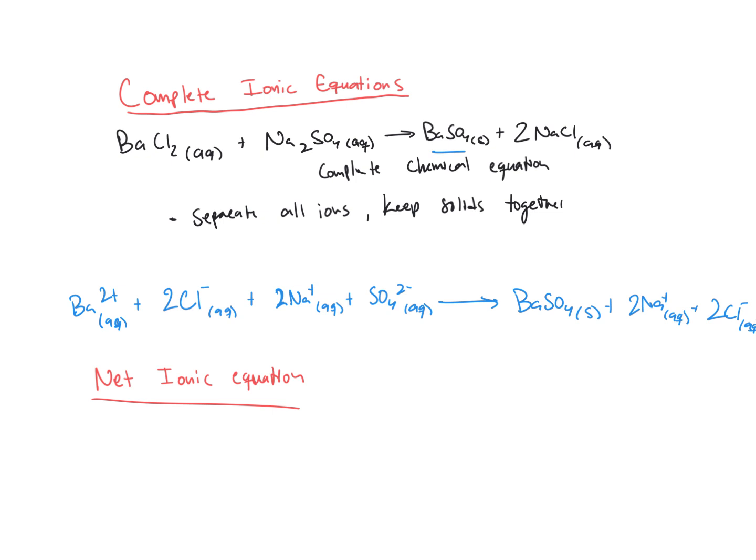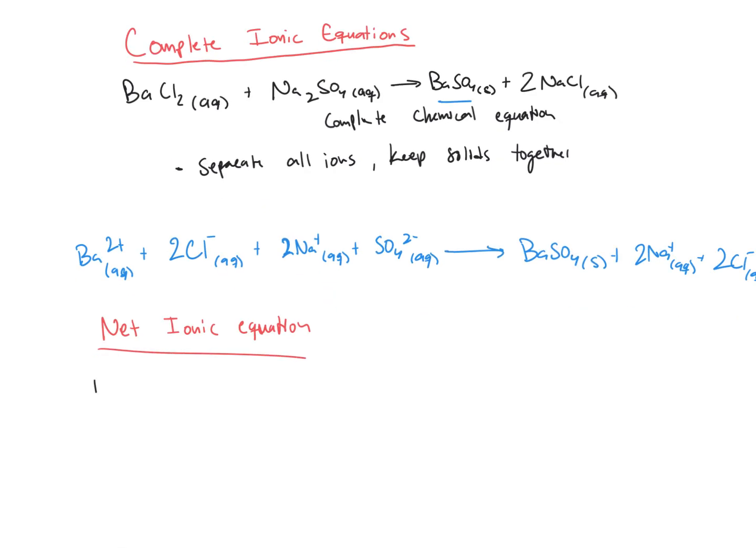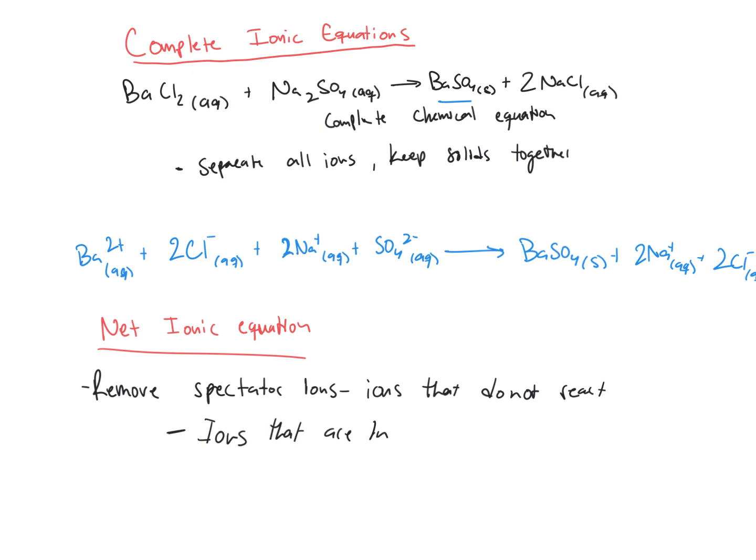In order to get this, we remove what are known as spectator ions, and these are ions that do not react. So we want to look for these spectator ions. What we need to look for are ions that are on both the reactant and products side.